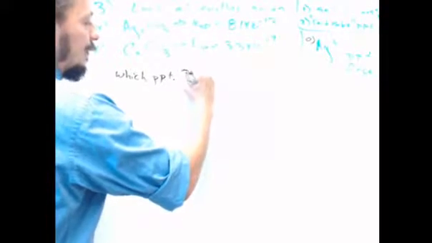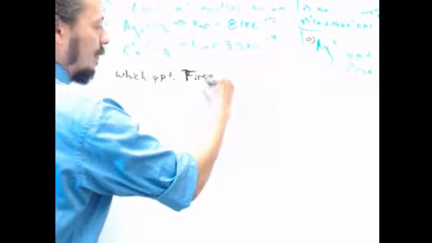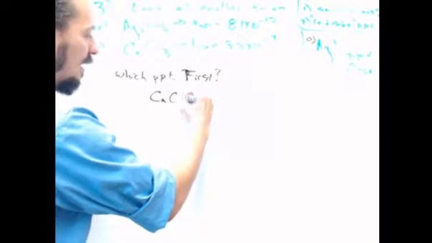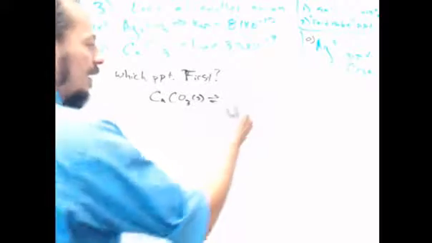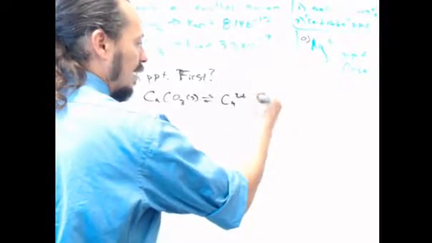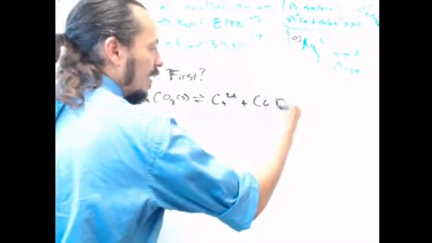Which precipitates first? So we're going to essentially compare these. We can do calcium carbonate first. Calcium carbonate, solid, is going to fall apart into Ca2+ and CO3 2-, if I'm doing this in water.